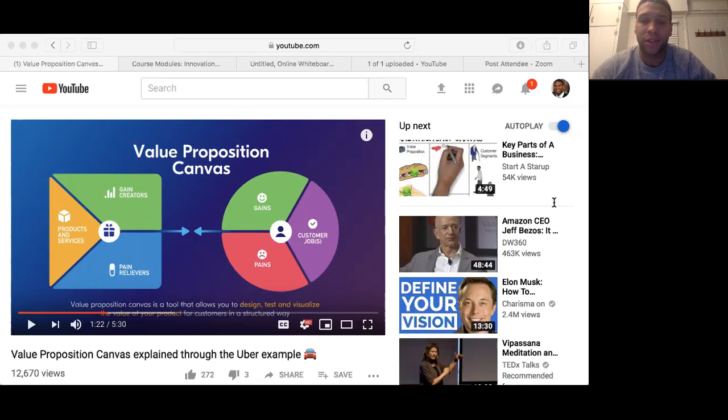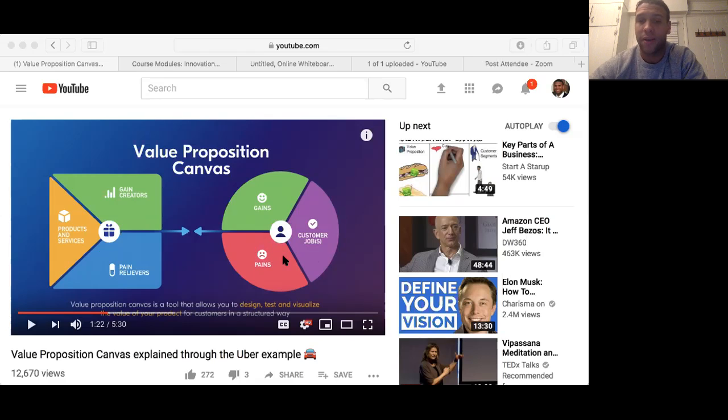If we think back to the Zipcar case that we covered last week, and look over here at what the customer jobs were, ultimately they wanted to get from one place to another. Mostly the customers were living in urban environments, and they had several pains. In some cases, there weren't eco-friendly options.